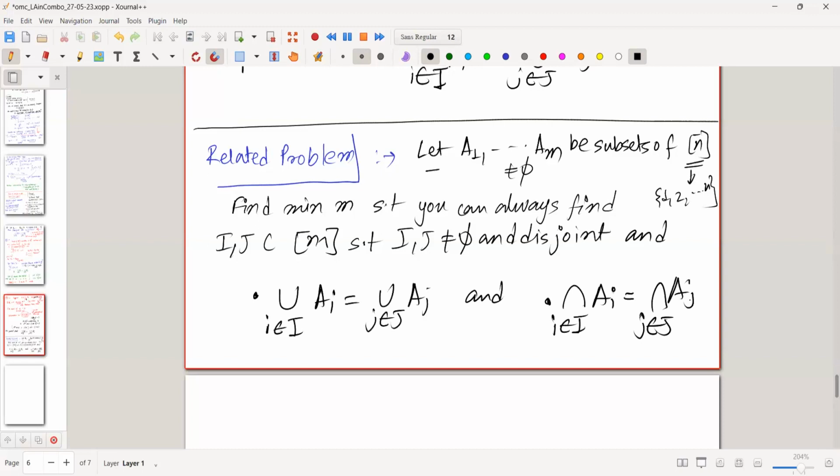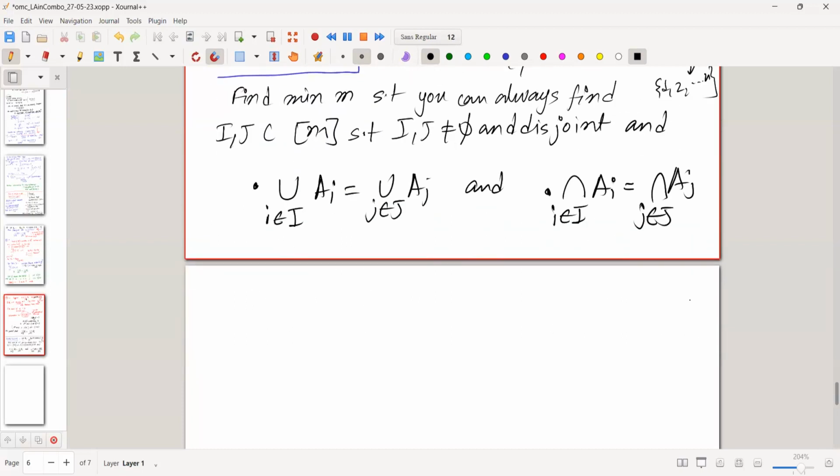Find the minimum value of m such that you can find similar I, J as in the previous problem, non-empty and disjoint, such that the unions are the same as well as the intersections are the same. So question, does n plus 1 work? Can someone think of a construction or a non-construction for n plus 1?